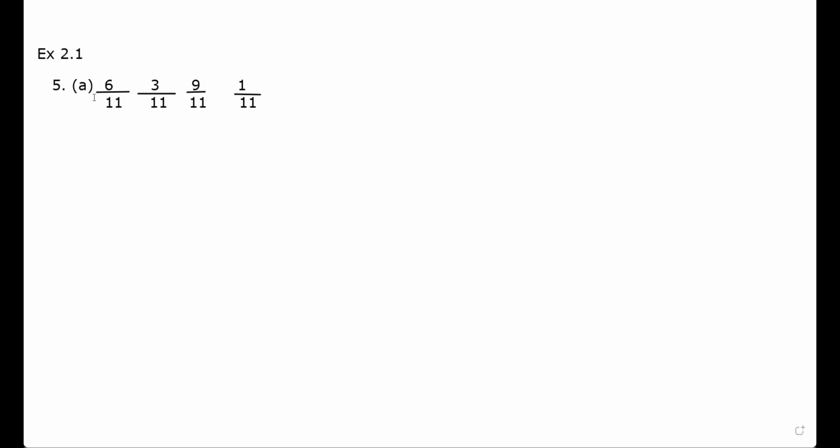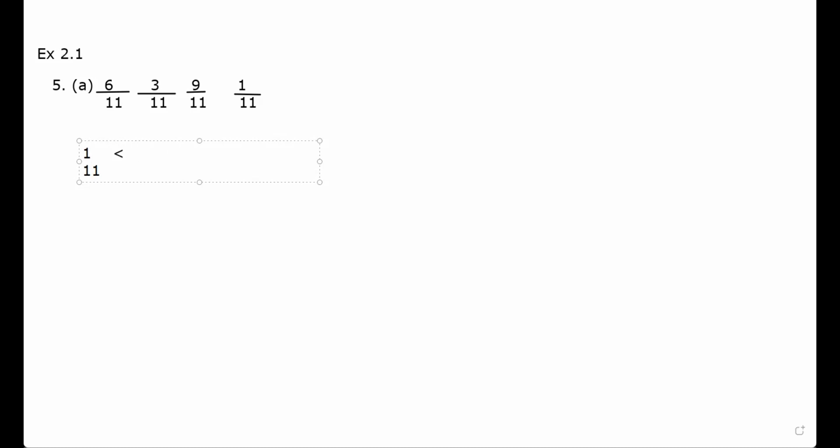You can see that in the numerators 6, 3, 9, and 1 are given. We know that 1 is the smallest. So we will write 1 upon 11 at first. Then, my dear students, you have to put this sign.